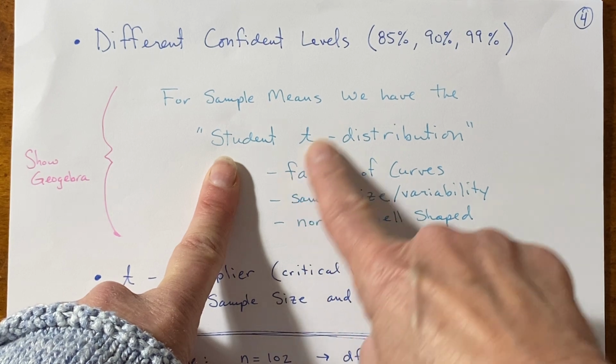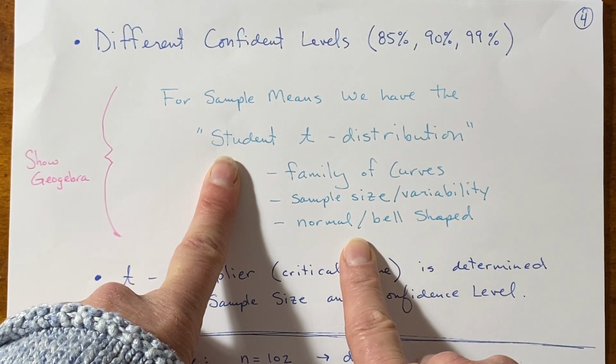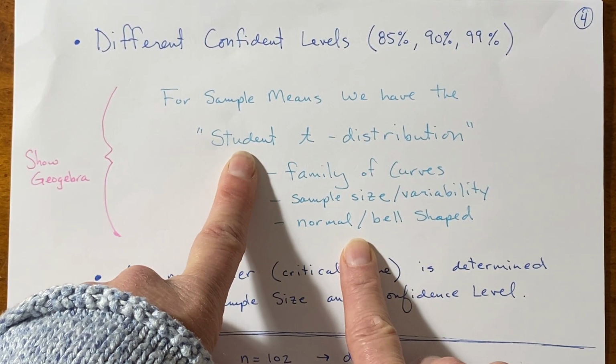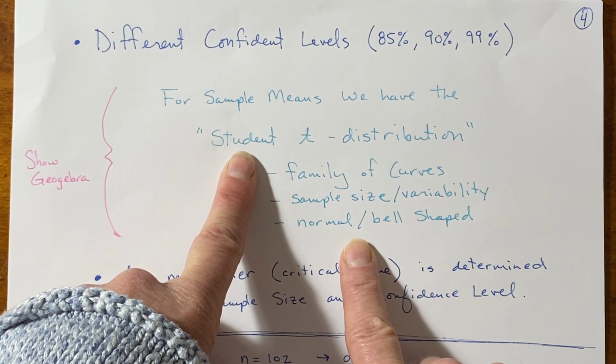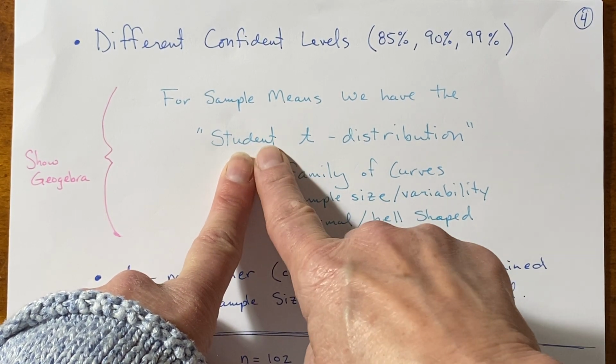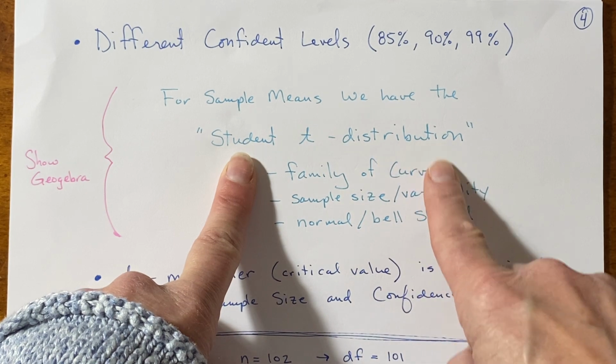But it turned out to be a good thing. So he published it under the name Student. That was his pseudonym, Student. So that's why it's known to this day as the student T distribution.